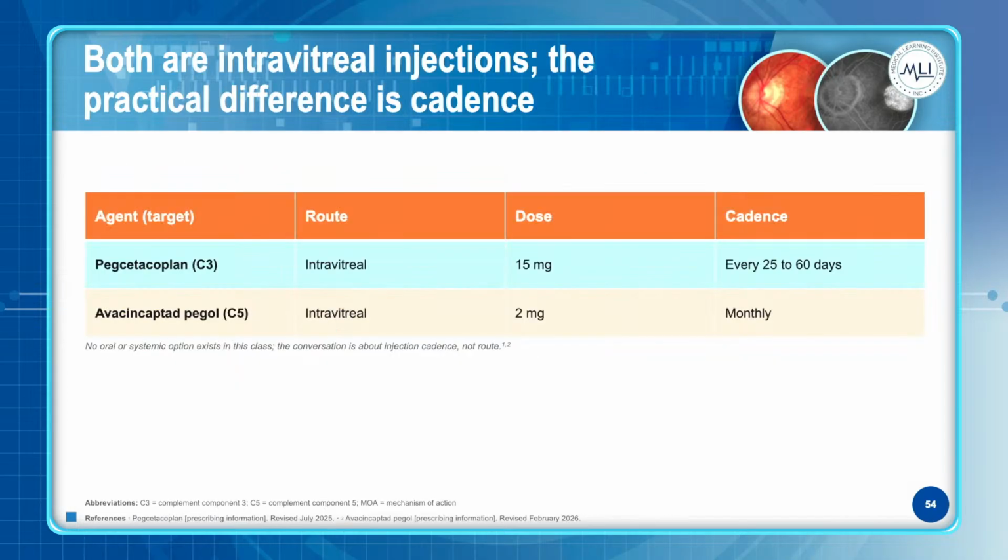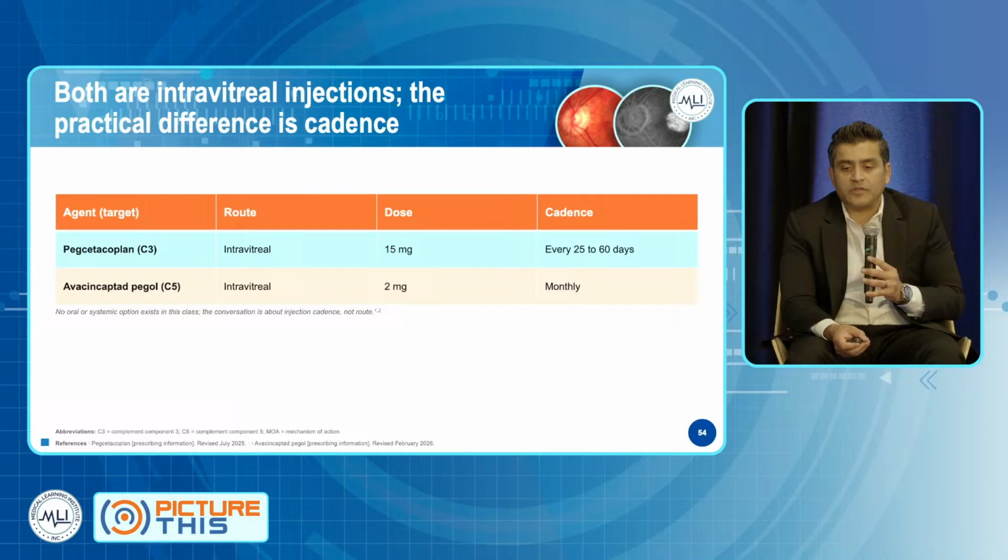When you look at the route of delivery and dosing, both of them are delivered in clinic intravitreally, a routine injection, like the hundreds and thousands of injections that we do. Pegcetacoplan is 15 milligrams. Avacincaptad pegol is 2 milligrams.